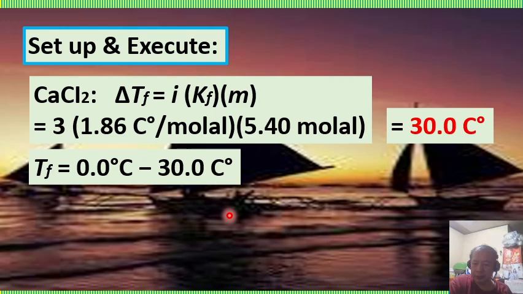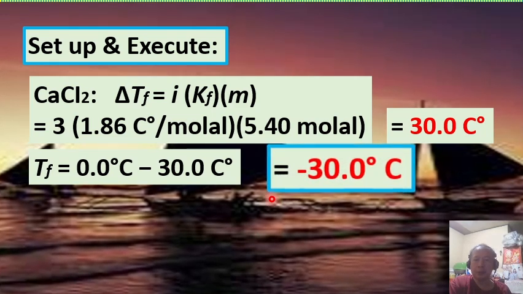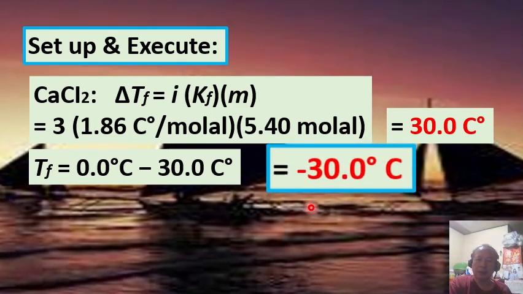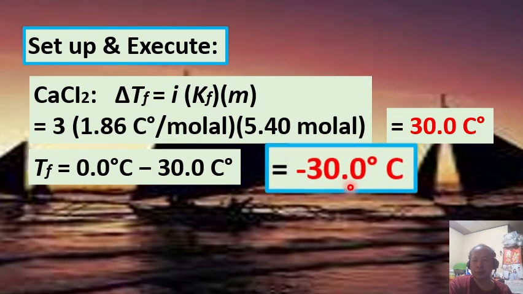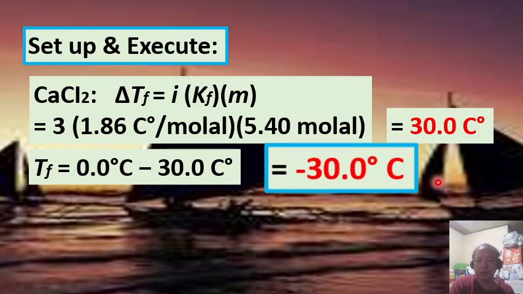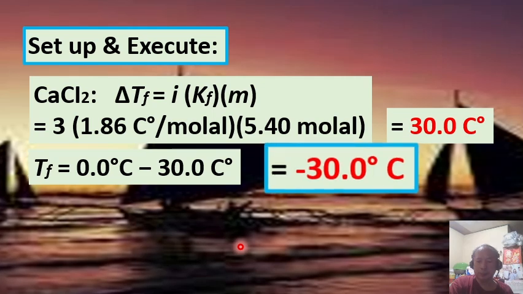So we get the actual freezing point of the calcium chloride solution equal to negative 30.0 degrees Celsius, also rounded to 3 significant figures.